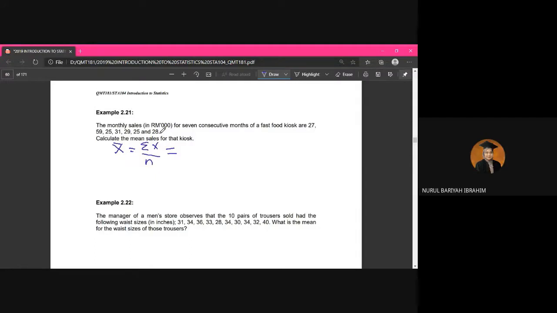So try to sum up all of that: 27 plus 59 plus 25 plus 31 plus 29 plus 25 plus 28, and we get 199 here. Divide by 7. So the value is actually 28.4286.